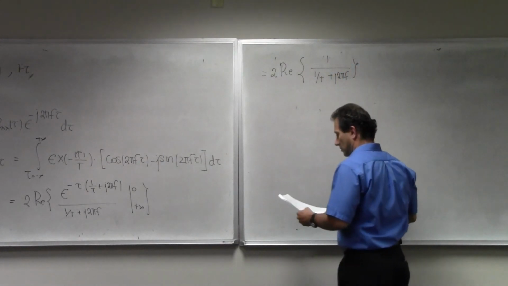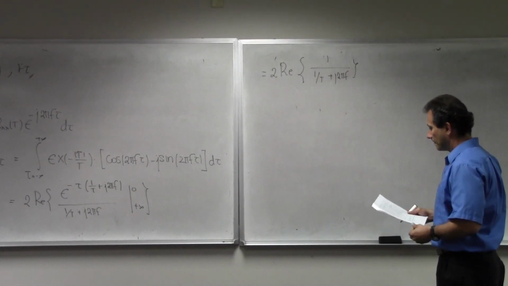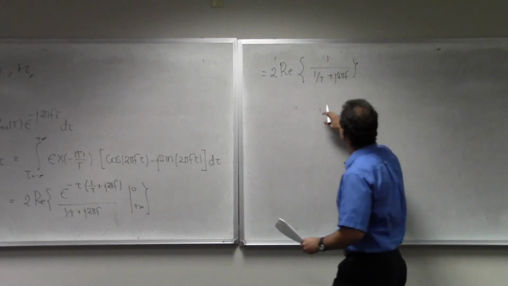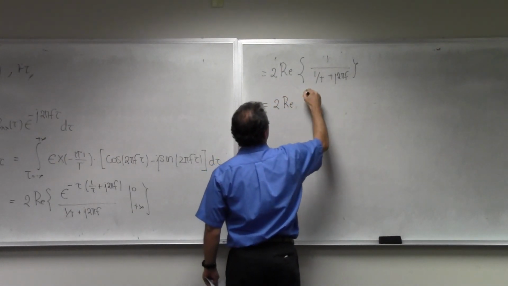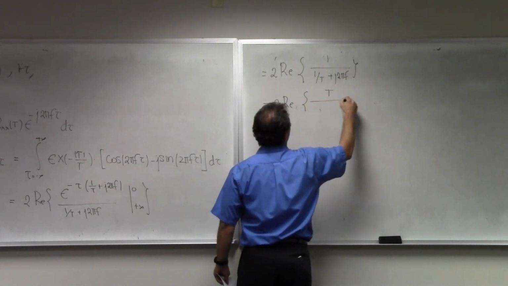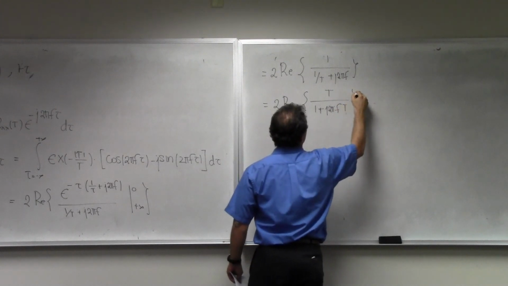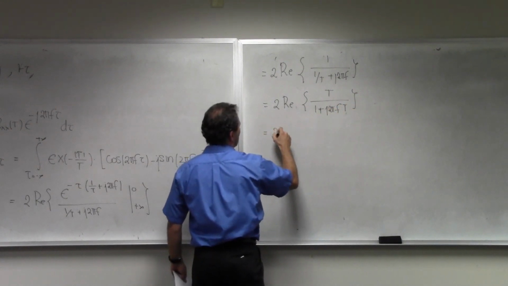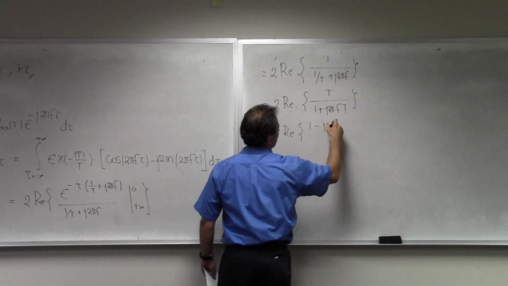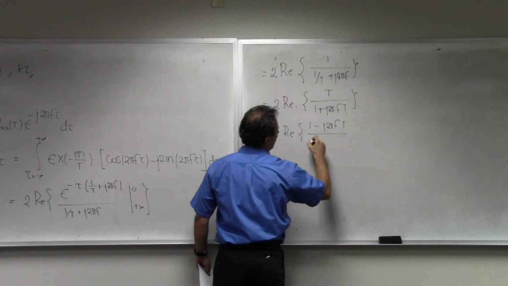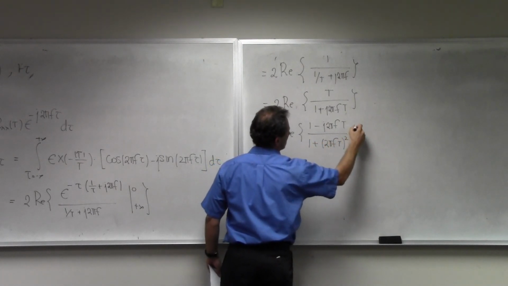If I multiply top and bottom by T, it's 2 times the real part of T over 1 plus j 2 pi f T. Then multiplying top and bottom by the complex conjugate, this is 2 times the real part of T times 1 minus j 2 pi f T over 1 plus 2 pi f T quantity squared.